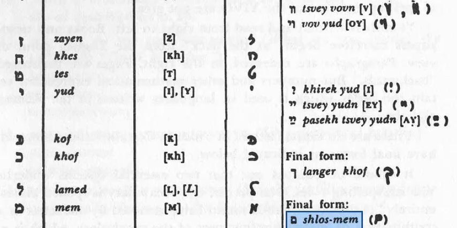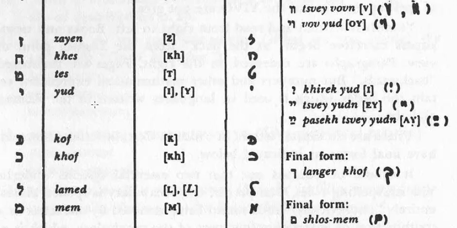So final Mem occurs at the end of the word. That's the letter M that is at the end of the word. One of the unique characteristics of Hebrew and Yiddish letters is that they have final forms for letters that occur at the end of the word, and they will look different to the regular letter.